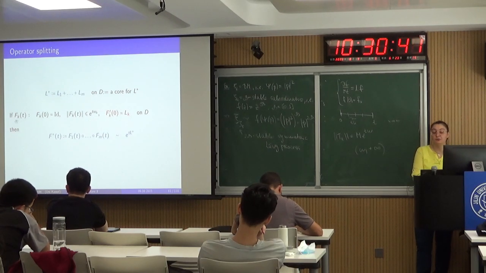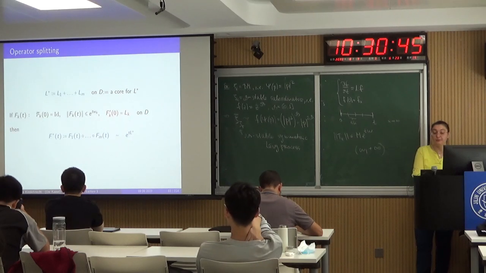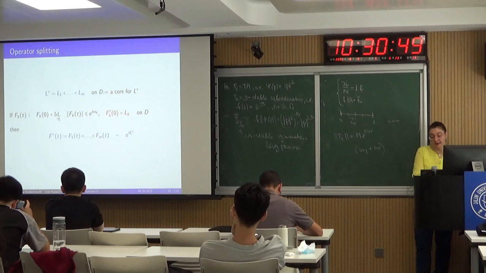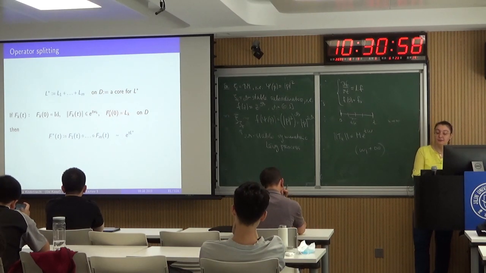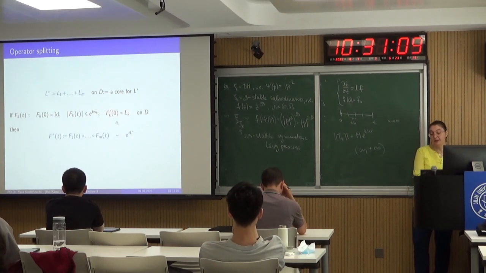Namely, each family should satisfy assumptions of Chernoff theorem, that is, at time 0 they are identity, the norm estimate is as in Chernoff theorem, and the derivative at 0 gives us a particular summand here. So we have Fk for k equal 1, 2, 3 up to n. And this identity holds on this core.